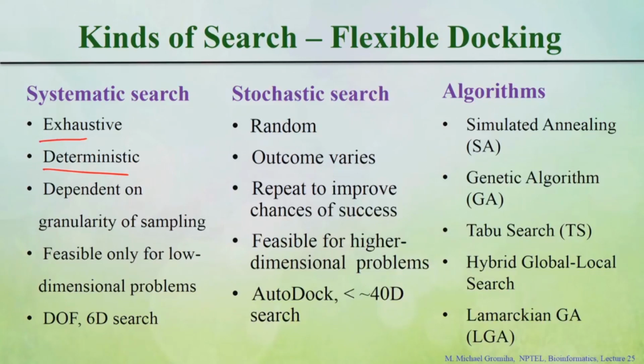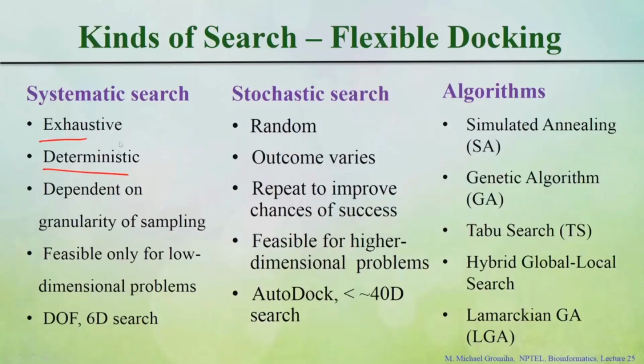That decides the number of times you need to search, and it is feasible only for low dimension problems. If there are 2 or 3 rotations we can do it, but with many rotations it is not possible because it is very time consuming, given the various degrees of freedom.